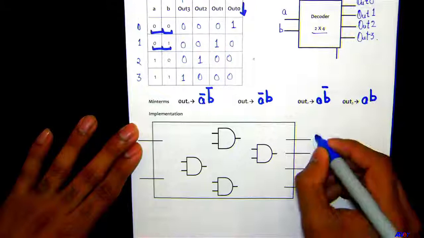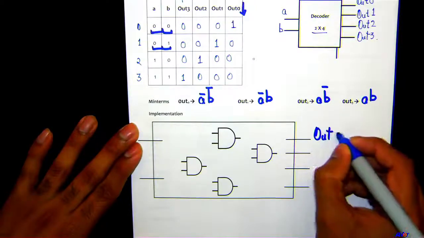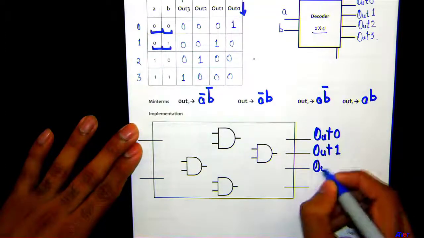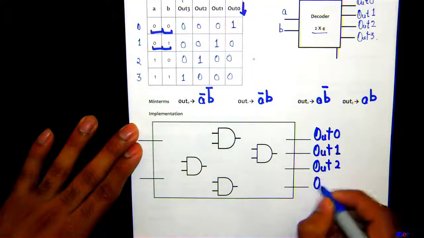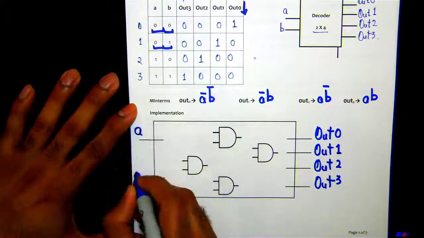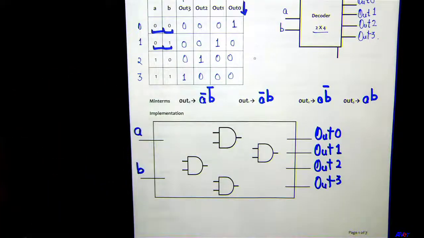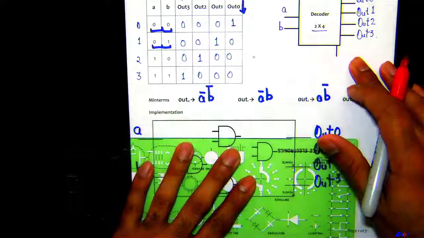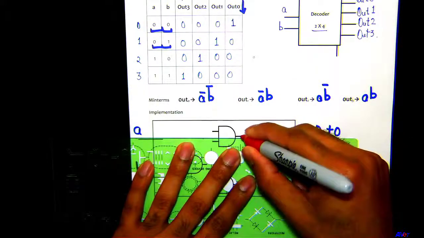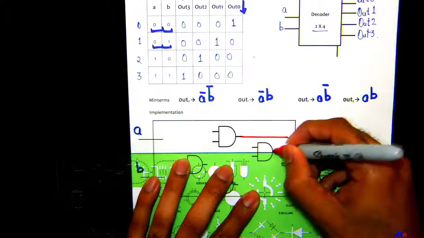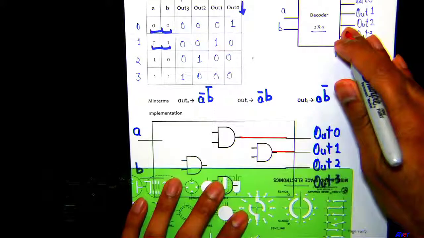So say these are your out 0, out 1, out 2, and out 3. We got our inputs here, A and B. So we basically need 4 AND gates here, correct?